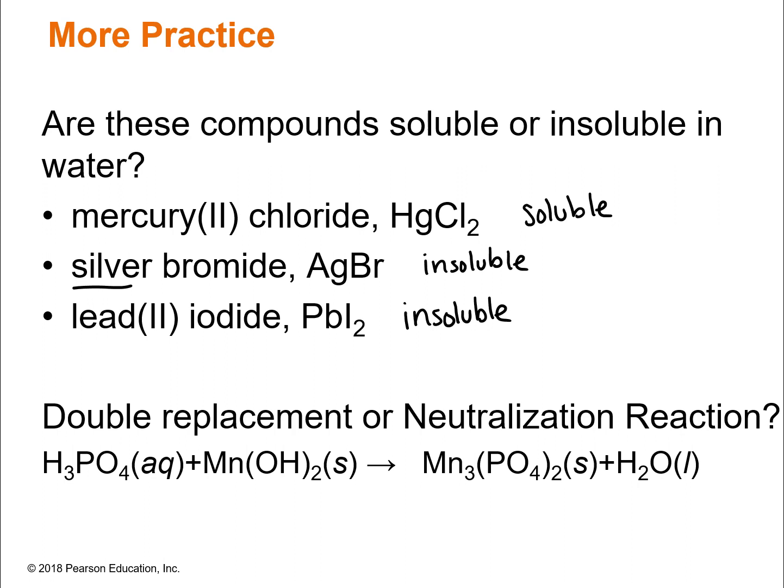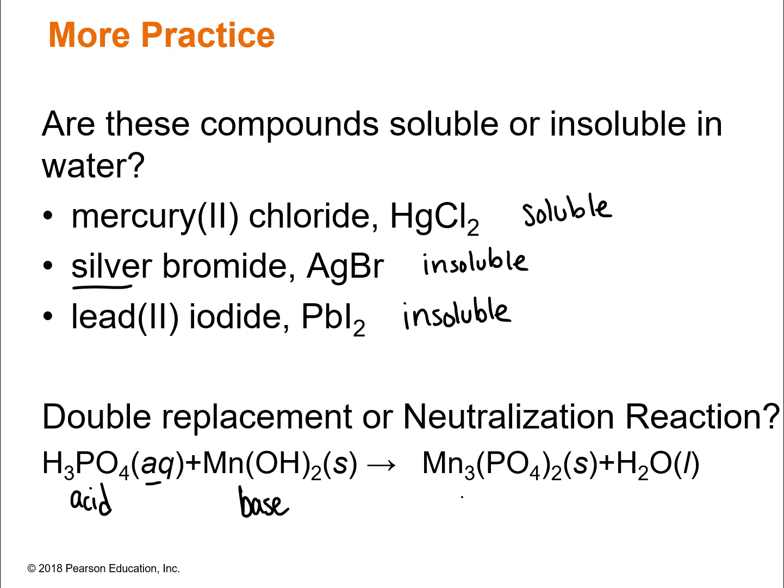Double replacement or neutralization. Let's identify what we have here. We've got some kind of an acid because it starts with an H and it's got AQ. We've got a metal plus OH. That's a base.